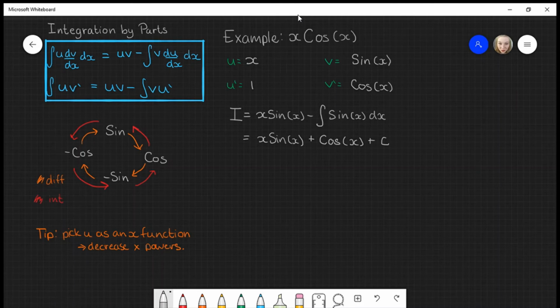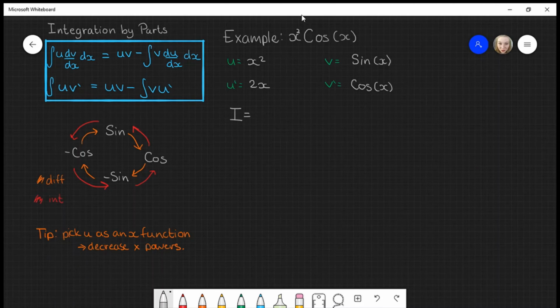One last example. Instead of x cos x, what would happen if this became x squared cos x? V dash would stay the same as cos x. U, instead of being x, would be x squared, so its differential would be 2x.